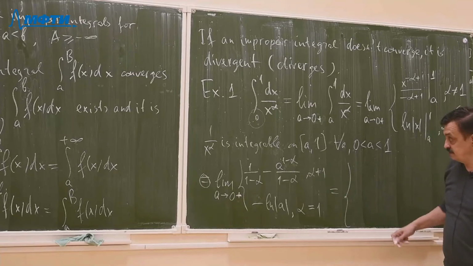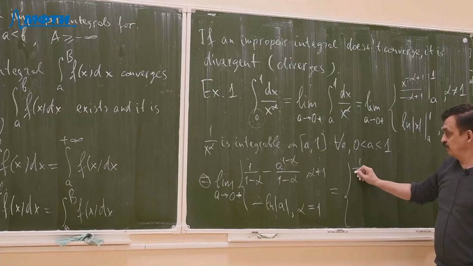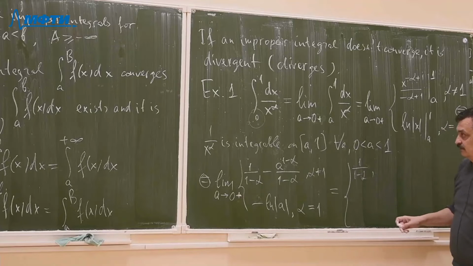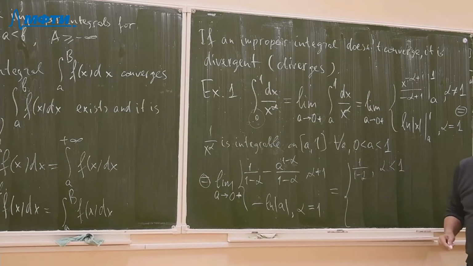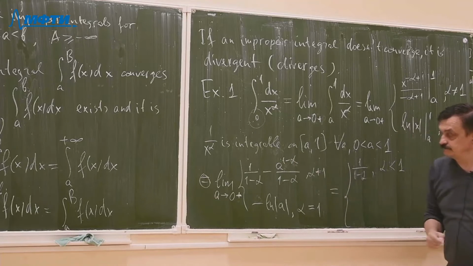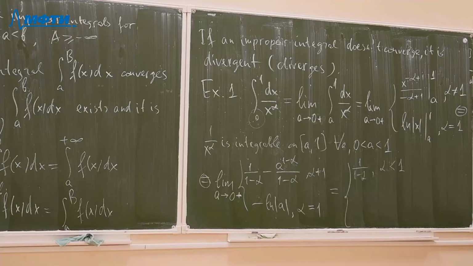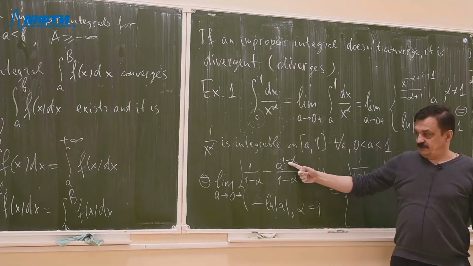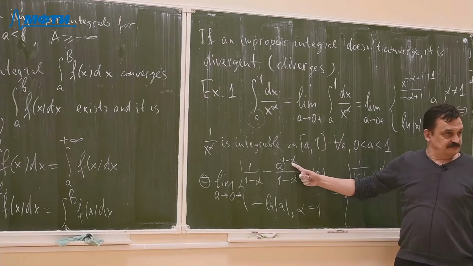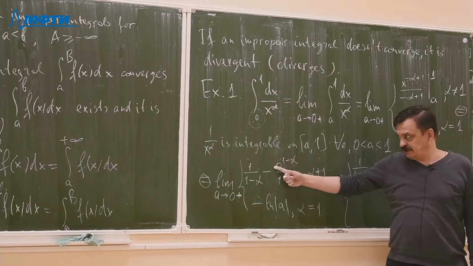So there is a finite limit 1 over 1 minus alpha for alpha less than 1. Exponent is positive then. But if the exponent is negative, it cannot be 0, right? If the exponent is negative, then what happens?